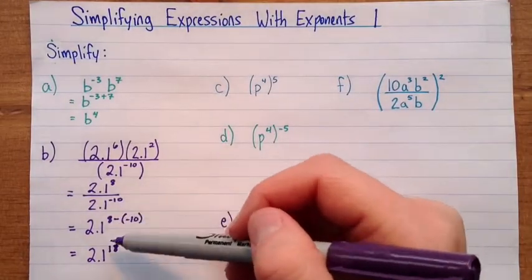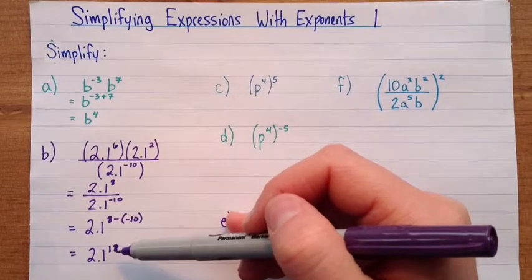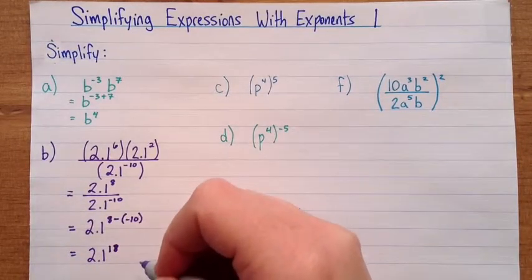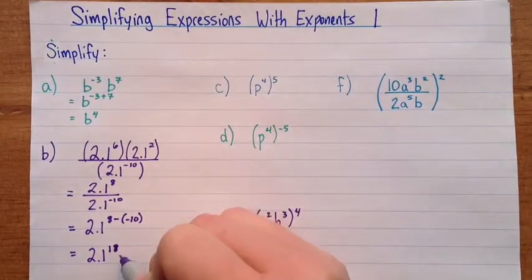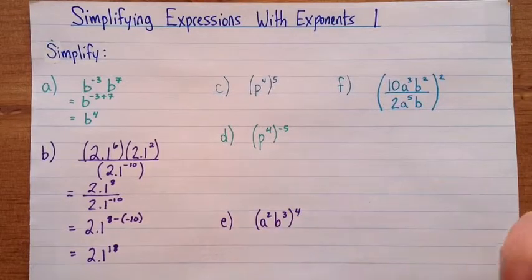And if that was a nice friendly little number, like if that was 2.1 squared, we might evaluate that. If it was 2.1 squared, we might write down 4.41. But because this is a ridiculous number, and it'll have a lot of decimal places, we'll just leave that as 2.1 to the exponent 18.